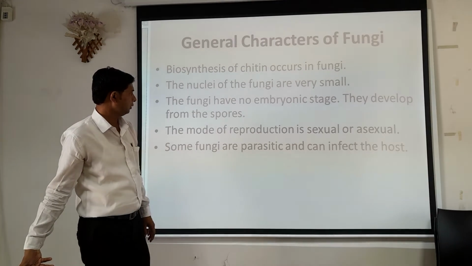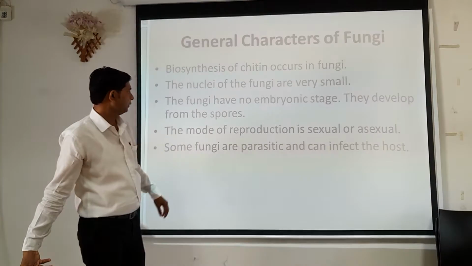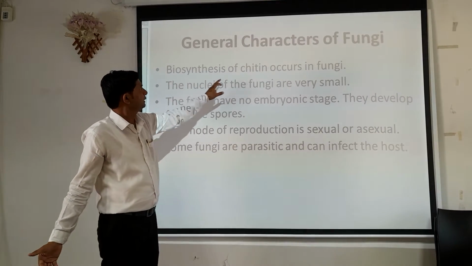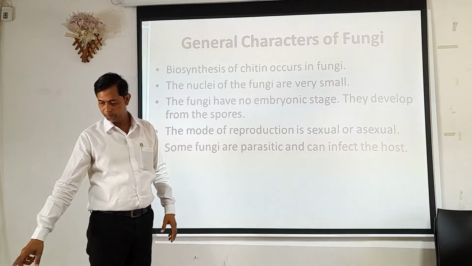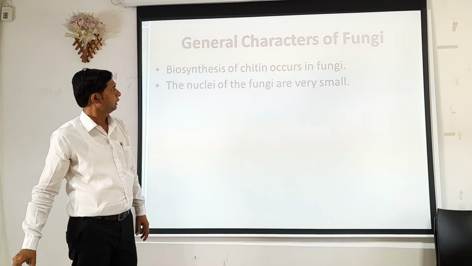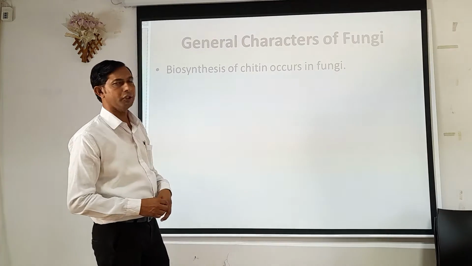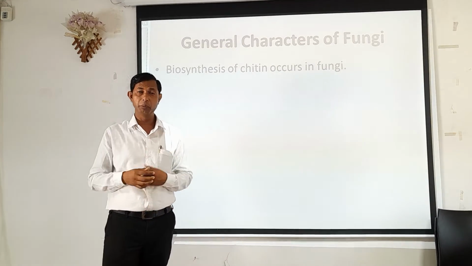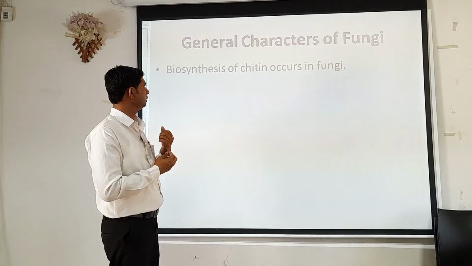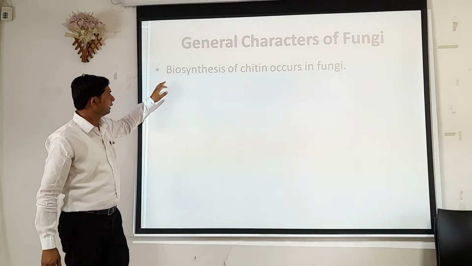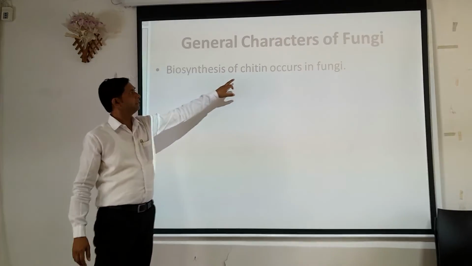Okay, take a look. Biosynthesis of chitin occurs in fungi. Now what is chitin? As we know, different organisms have an external covering. Say for example, human beings have the external covering of skin. Same thing occurs in fungi, that is the presence of chitin.